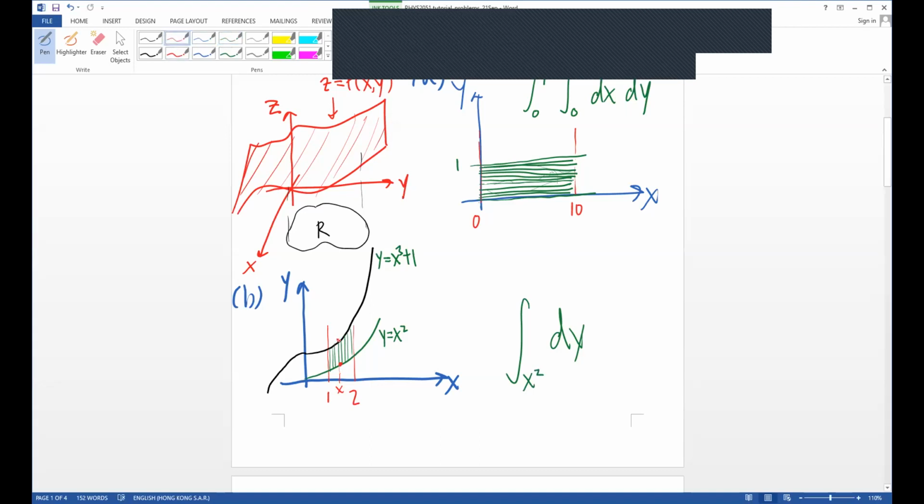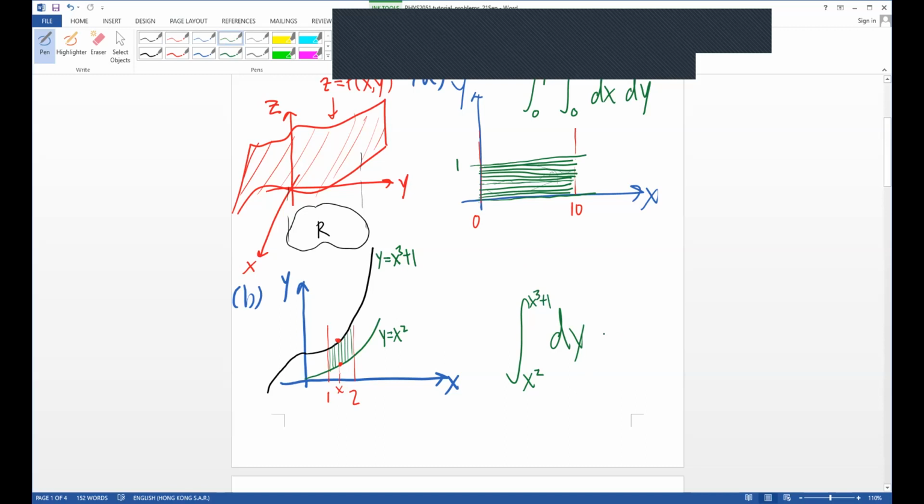Then I need to consider the upper limit, which is this point. At a particular value of x, the y value is x cubed plus 1. So this is the inner integral.